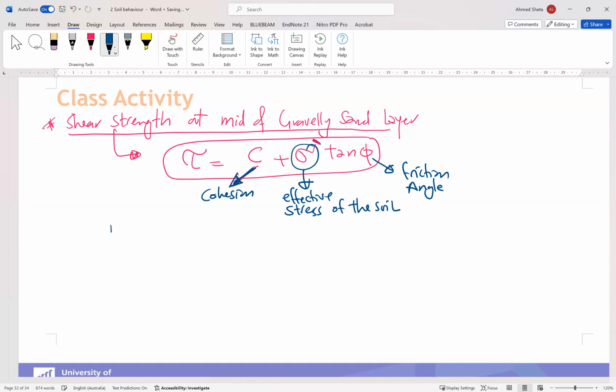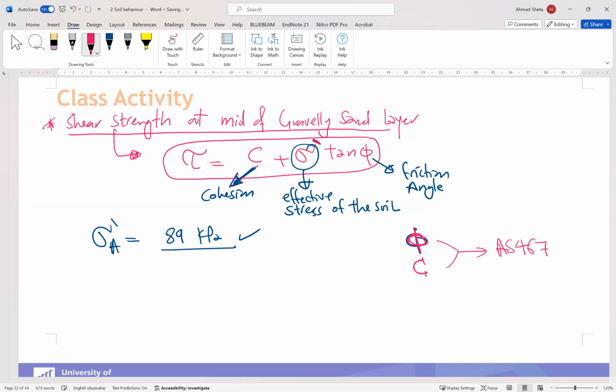So from our first calculation, sigma dash at the middle of the layer was 89 kPa. So this is known from the previous step. Now, how can we find phi and c? Phi and c will come from the Australian Standard AS 4678.